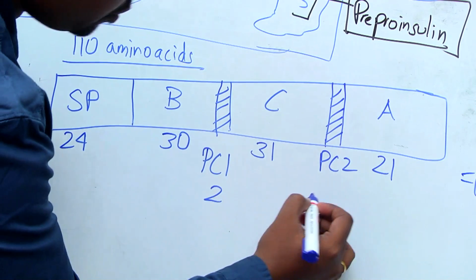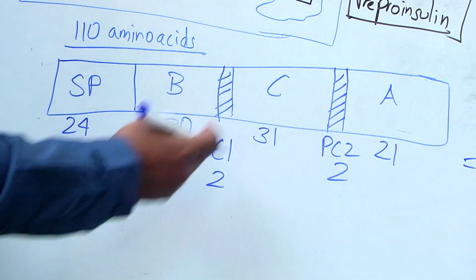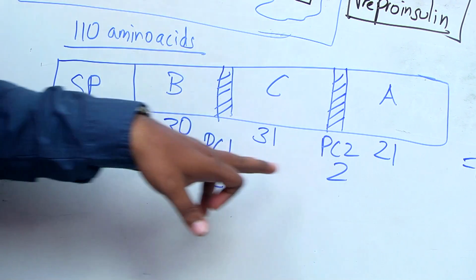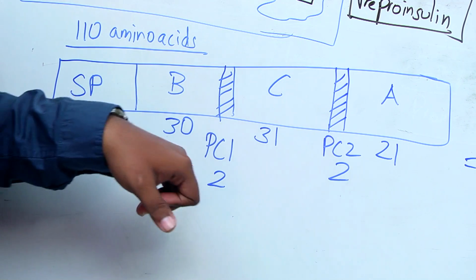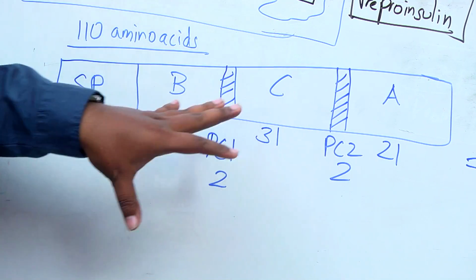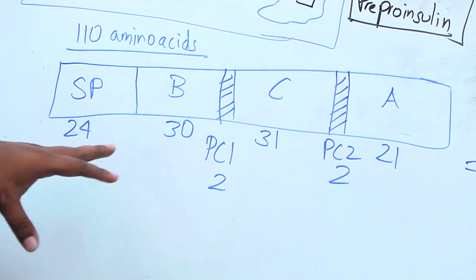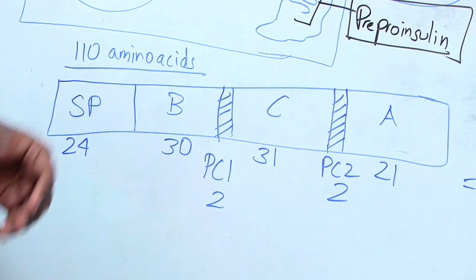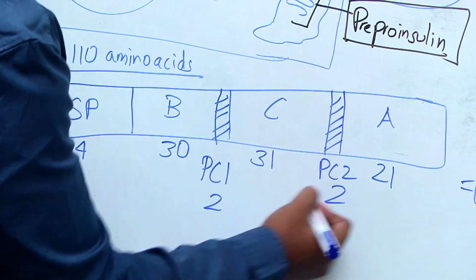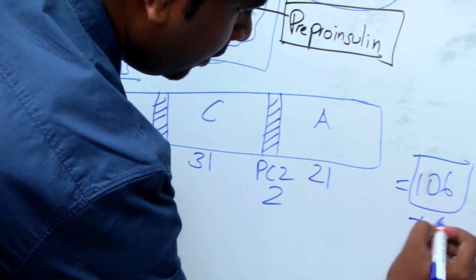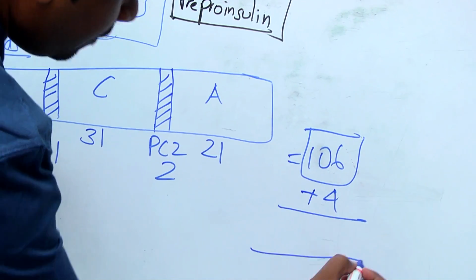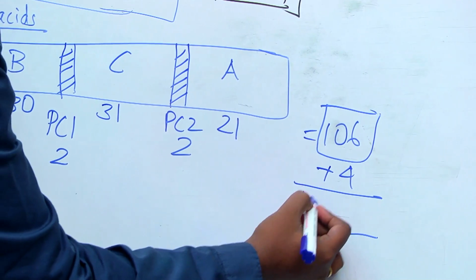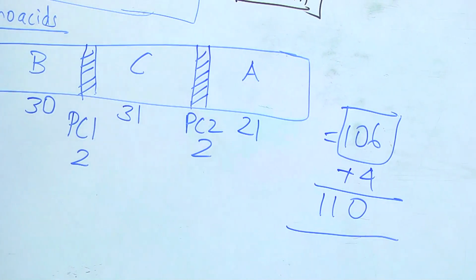This contains 2 amino acids and this contains 2 amino acids. The full form of this is prohormone convertase enzymes. So this codes for the prohormone convertase enzymes, which I will say later where it is involved. So these lead to the 4 amino acids. So now the total comes to 110 amino acids.